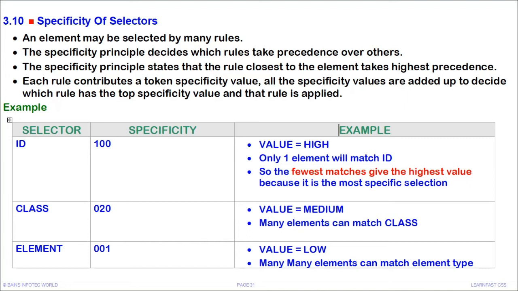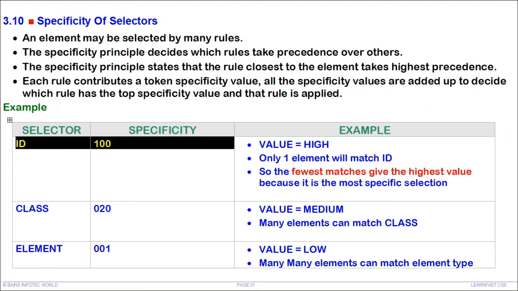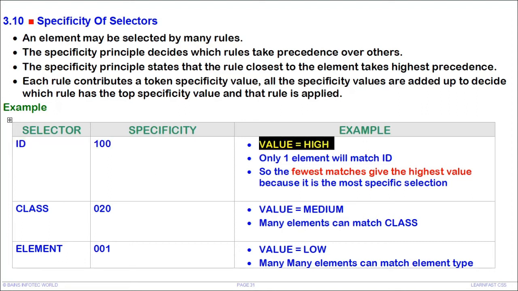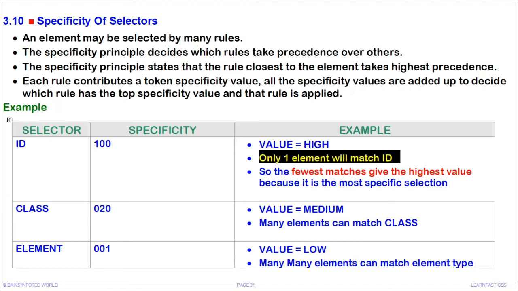For example, using an ID in an element, ID equals name, then that value is 100, and this value is very high because the ID can be only used once on a web page and only applies to one element, so there's no room for confusion there. So an ID is 100, and the value is high because only one element will match the ID, and that one will have the highest value.